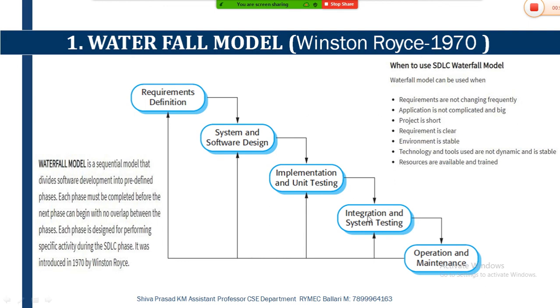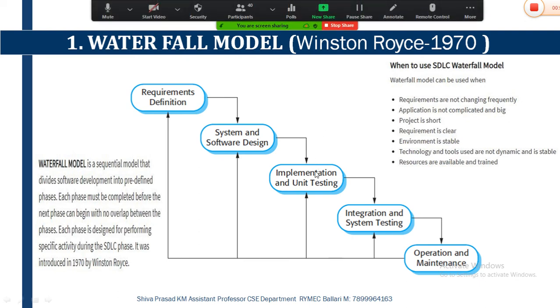I can't jump from this phase to the third phase directly. I have to start freshly from the first phase. Again, I have to move towards the third, and try to change the process.